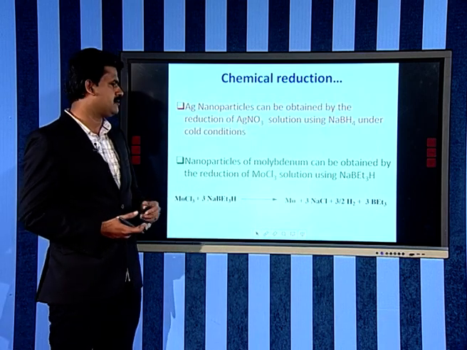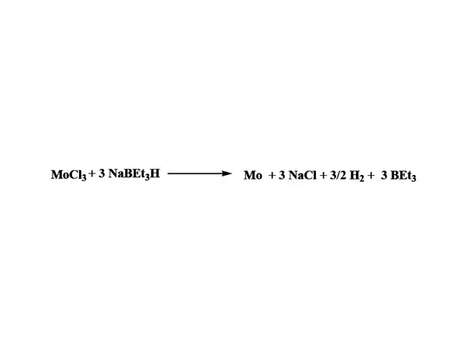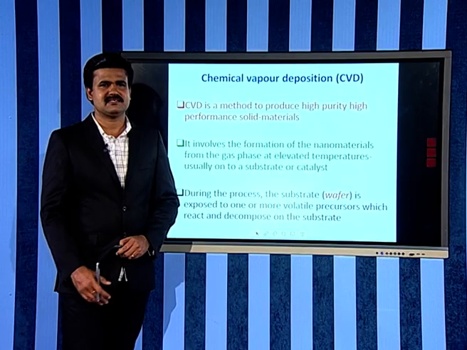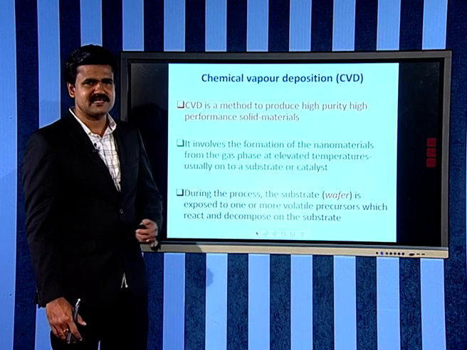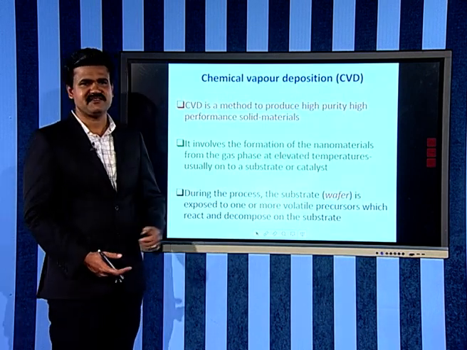By this reaction, MoCl3 gets reduced to molybdenum. Here molybdenum is in +3 oxidation state, and it gets reduced to the 0 state, and the reducing agent used in this reaction is NaBEt3H.